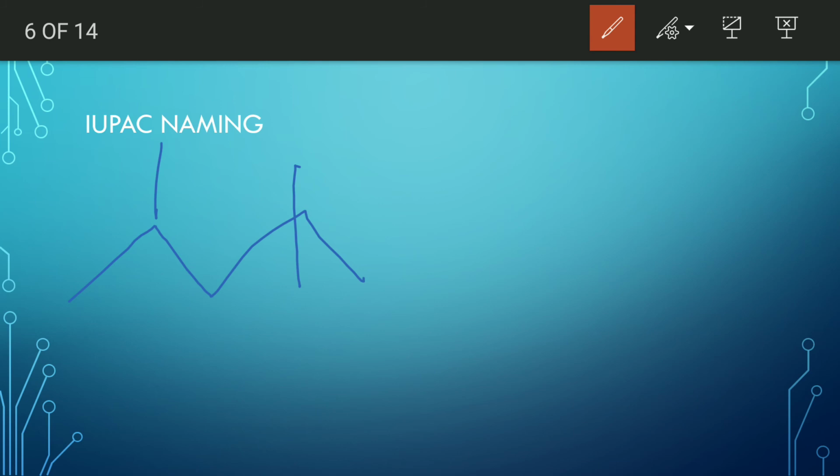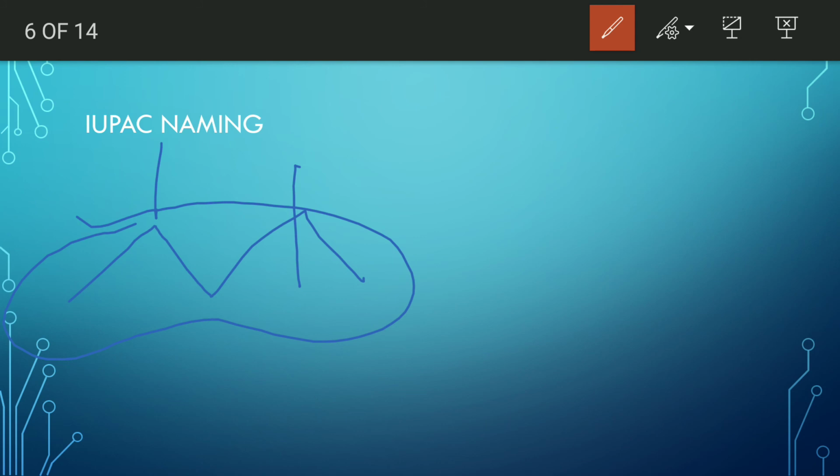Now what is the parent chain? Which is the parent chain? So this is the parent chain, right? Because it has more number of locants also. So now tell me, from which side would you start the numbering? From right to left or left to right?